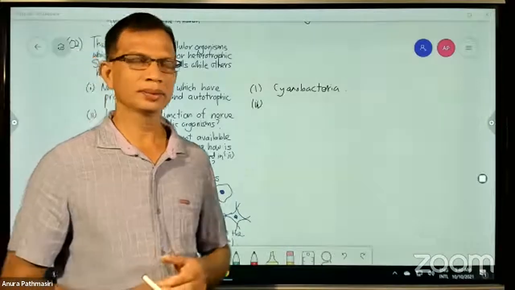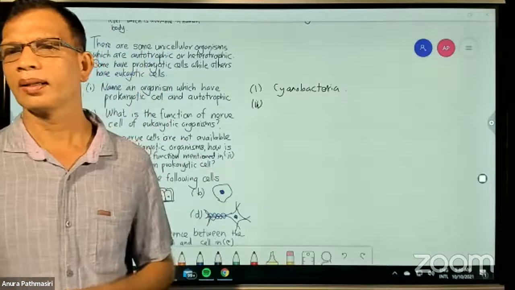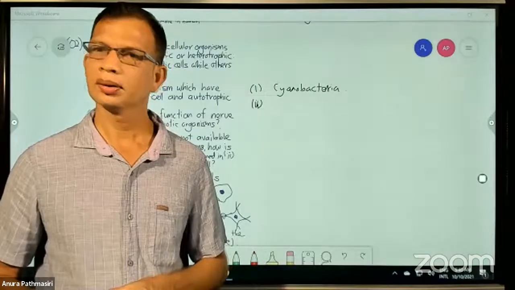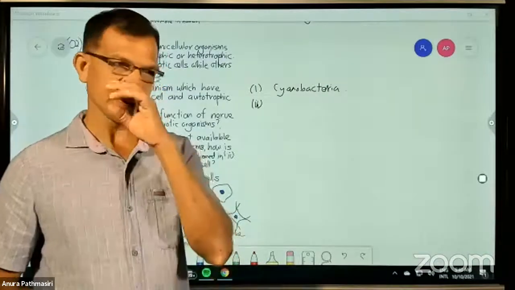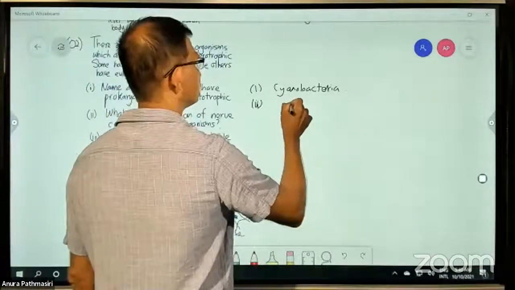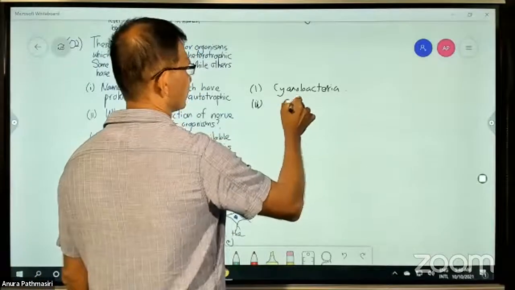One word: transmission of nerve impulses. Yeah, the main function is communication between cells. Coordination.